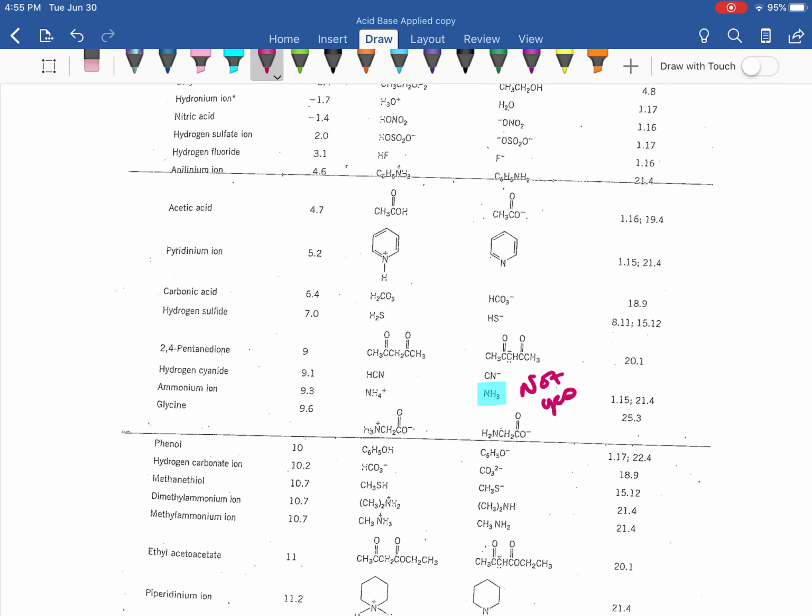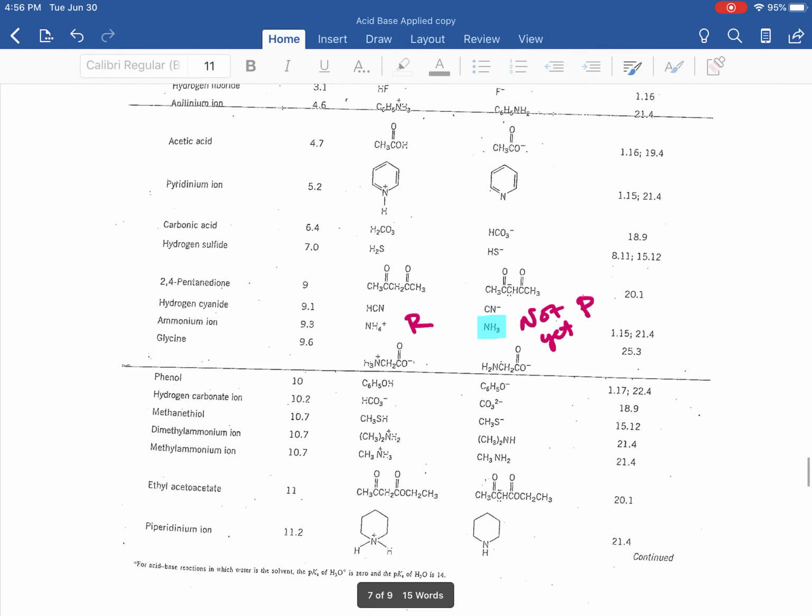So not yet. Okay, you've got to be pretty careful. We are looking not as the conjugate, but this would be on the product side. We're looking in this column. This is on our reactant side. And you've got to match your charges. This is an ammonium. That's already got a positive on it. That is not what we have. Okay, so keep going.